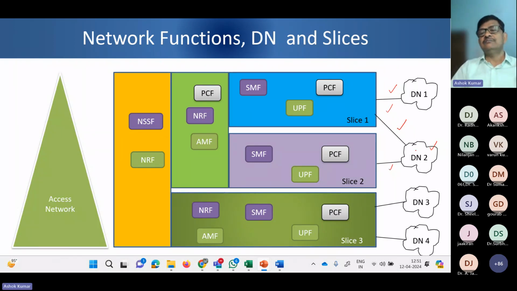Suppose a data network means a service by, say, Suzuki. Suzuki may have network slices taken from Airtel and Jio, or they may have two slices for two different sets of services which they may be offering, and so on. So you can see that all these permutation combinations are allowed.